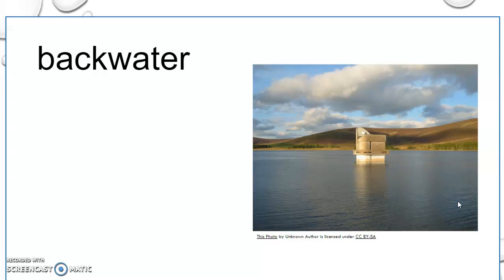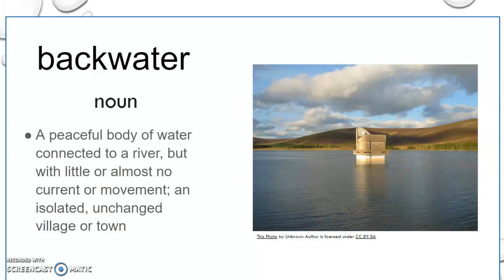Backwater. B-A-C-K-W-A-T-E-R. I want you to notice, this word is not capital. This word has all lowercase letters. And then there's a picture of backwater. So what is backwater? Backwater is a noun, right? Remember, a noun is a person, place, or thing. In this case, backwater is a thing.